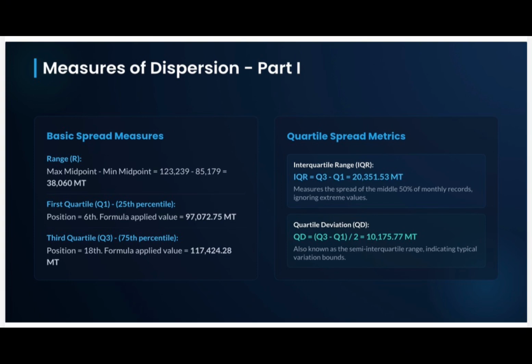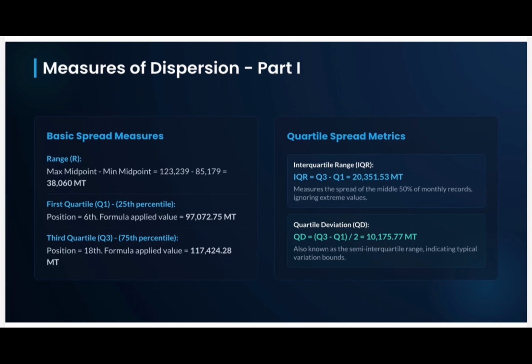For dispersion, we calculated the range, quartiles, interquartile range and quartile deviation. The range based on midpoint is 38,060 MT. The first quartile, Q1, is 97,072.75 MT, while the third quartile, Q3, is 117,424.28 MT. The interquartile range is 20,351.53 metric tons, which shows the spread of the middle 50% of the data.